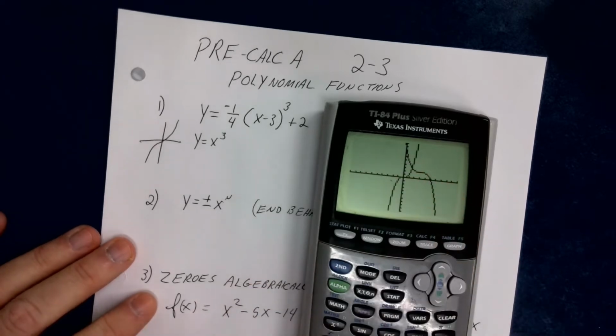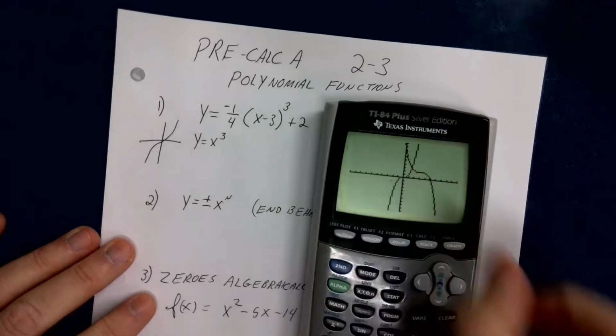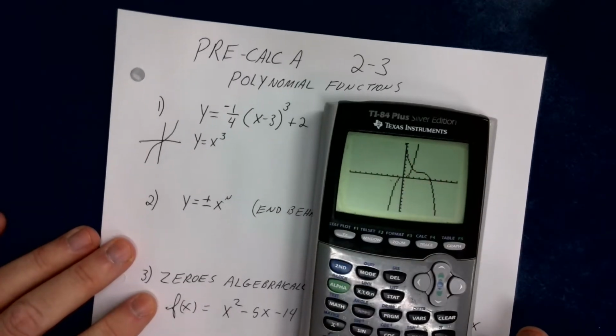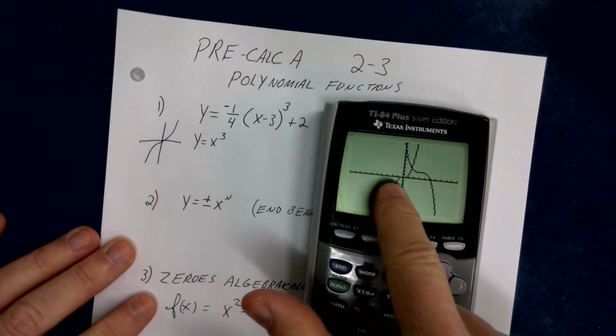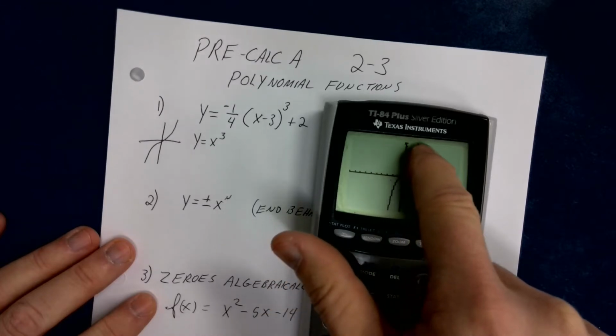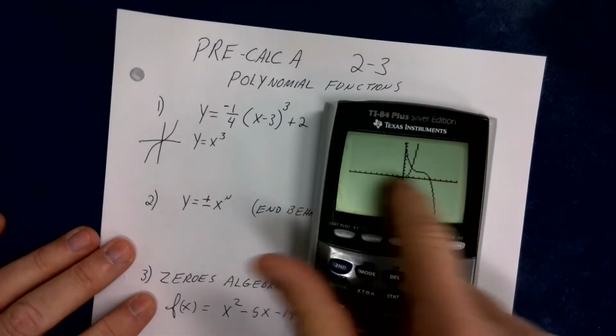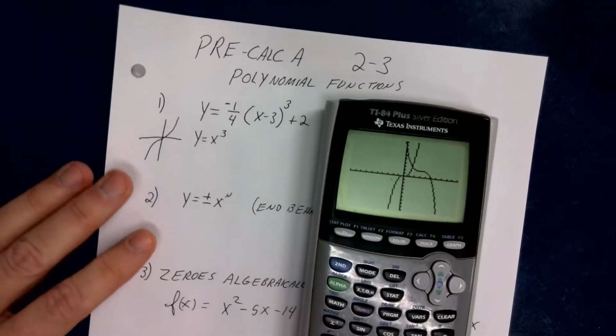And you can see that this one's kind of skinny, but this one's kind of wide. So that's where the change from the 1/4 comes in. You can see that now the stuff that's here is moved up, and the stuff that's up here is moved down. That's that reflection. That's that negative over that problem. So that's where all those transformations are coming from.